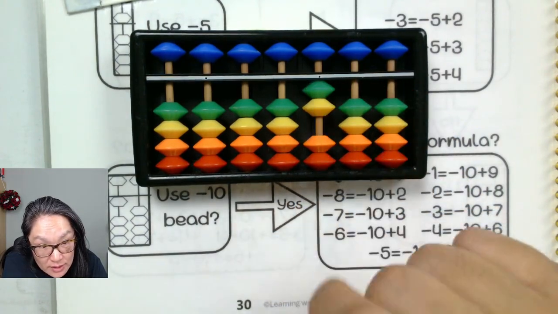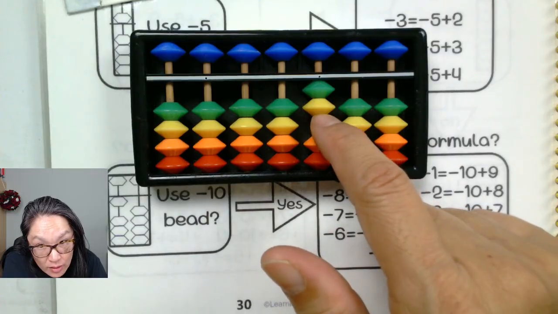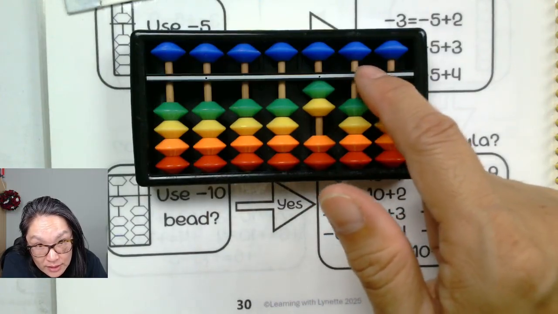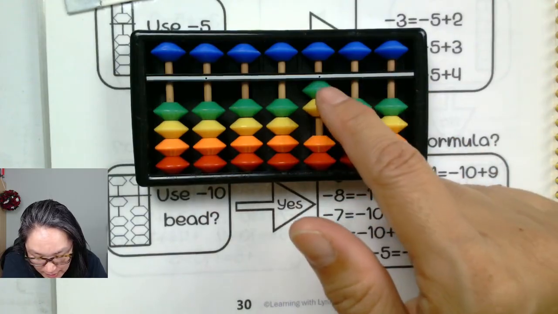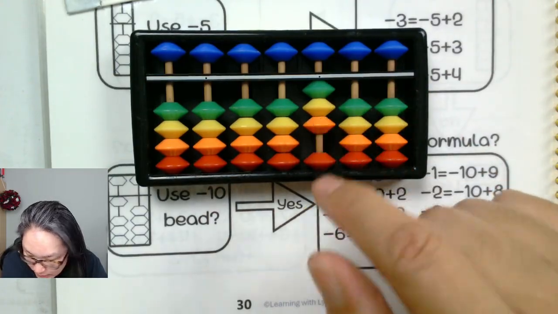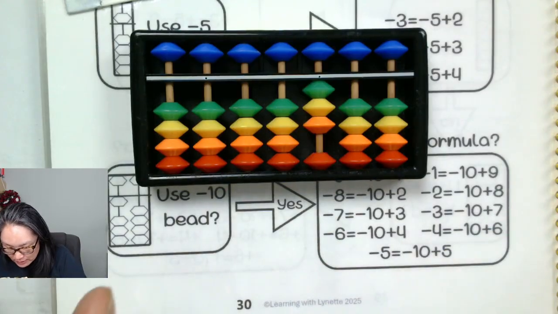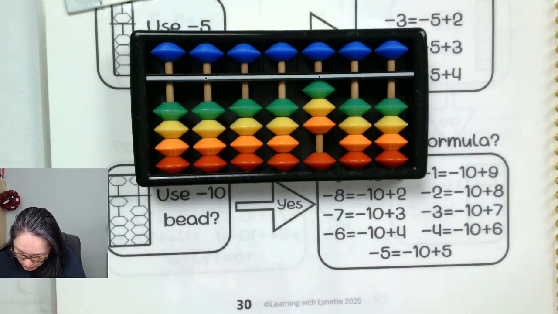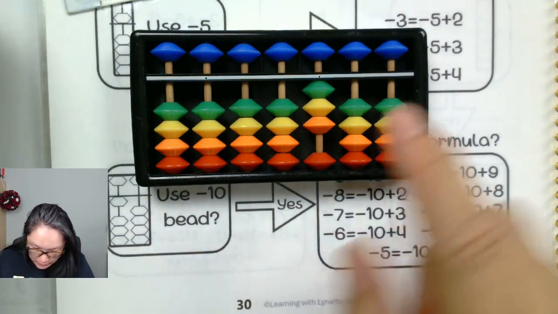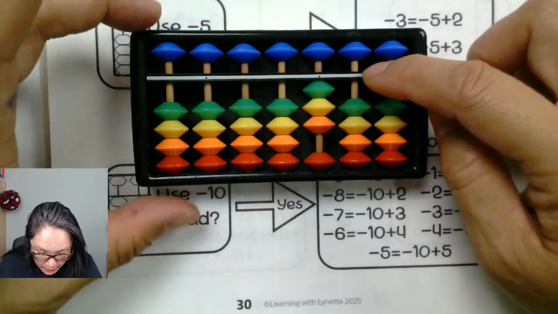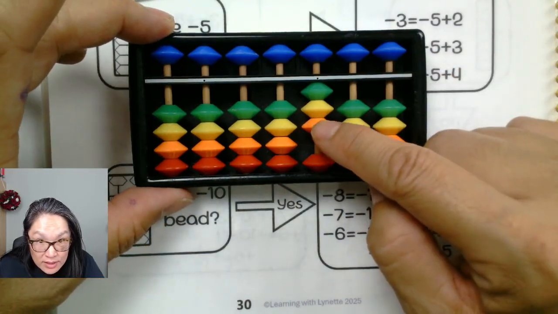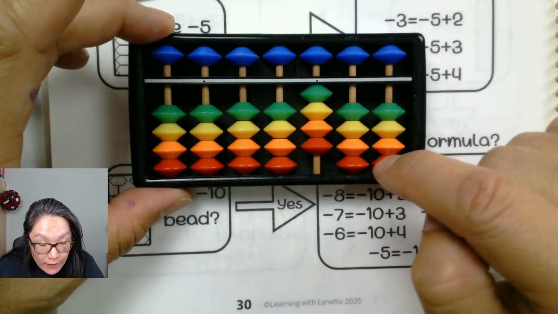If I do this, now the beads are touching each other. They're holding hands, and it's touching the horizontal bar. This is now 2. This is 3. How do I know that's 3? Because they're all touching each other. They're all holding hands. When they hold hands with the horizontal bar, that's being counted. So this is now 4.